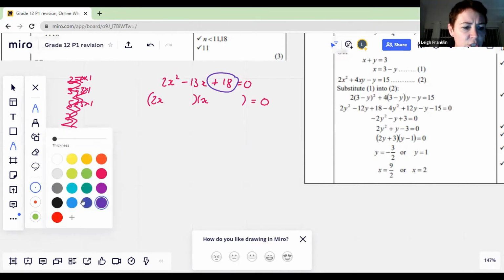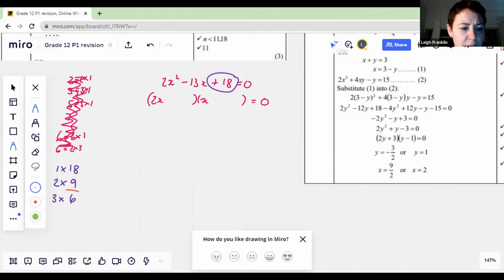So my suggestion to you is start with the numbers that are the closest together. So start with 3 and 6, okay? If you were to put 6 over here and 3 over there, you want your middle term to be negative and your last term to be positive. So that means that both brackets have to be negative.